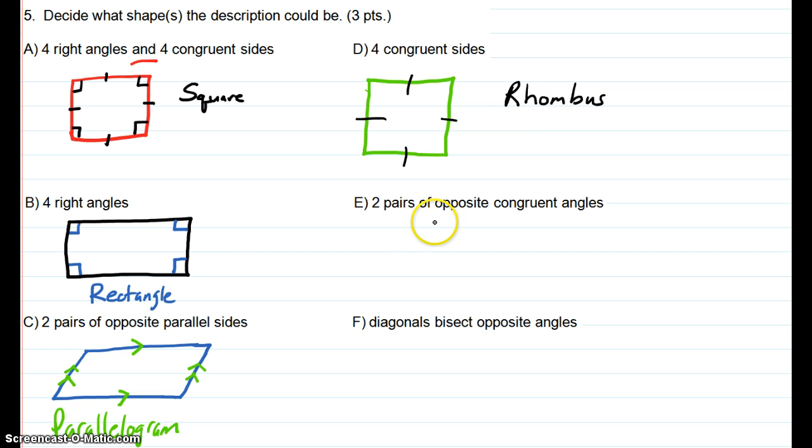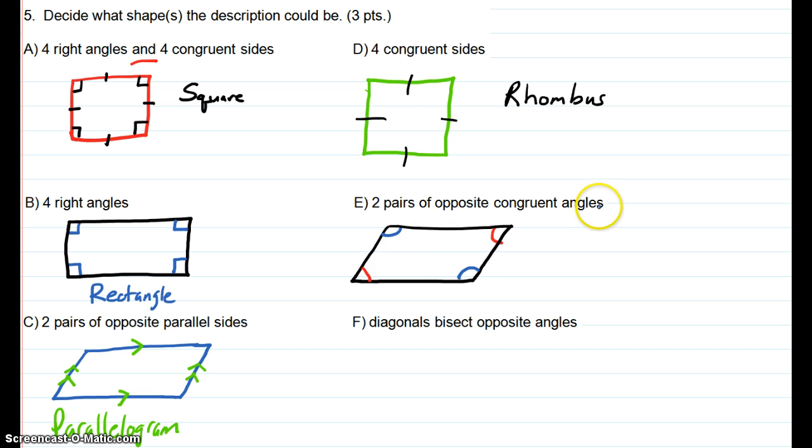All right, E, 2 pairs of opposite congruent angles. So if the opposite angles are congruent, we know this shape is a parallelogram.